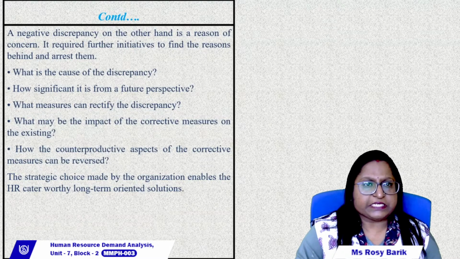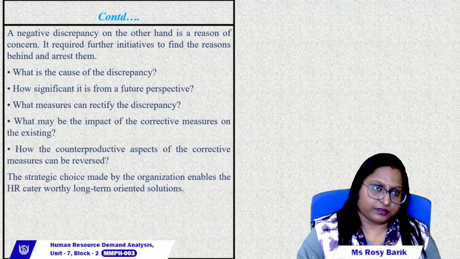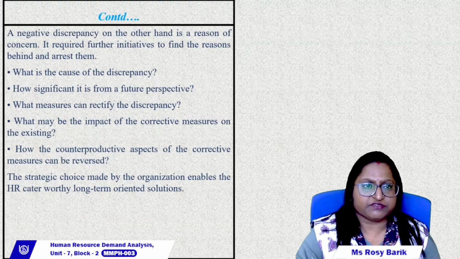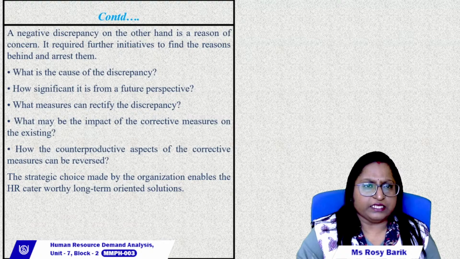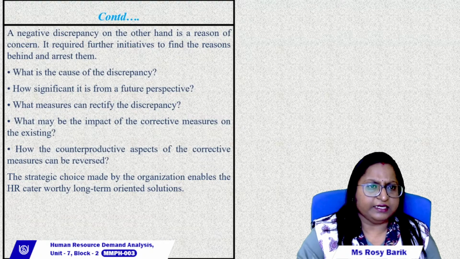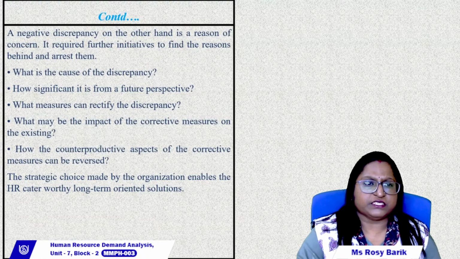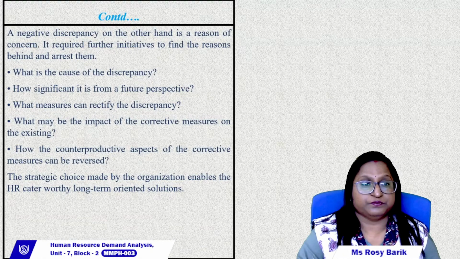The negative discrepancies, on the other hand, are a reason for concern. They require further initiatives to find the reasons behind them and arrest them. So, what is the cause of these discrepancies? How significant is it for the future perspective? What measures can rectify the discrepancies?